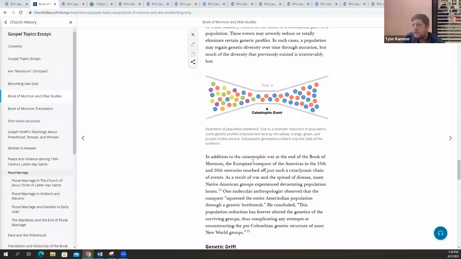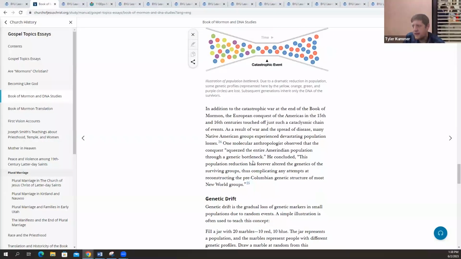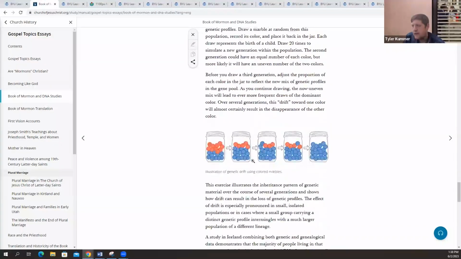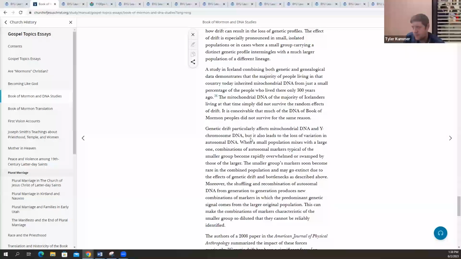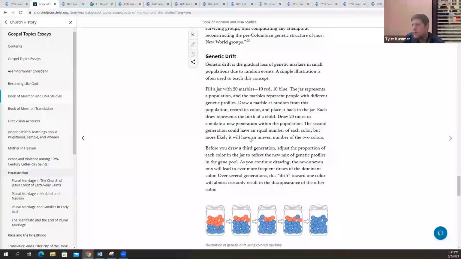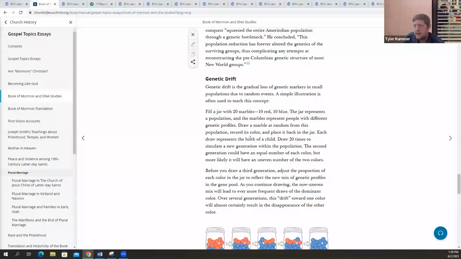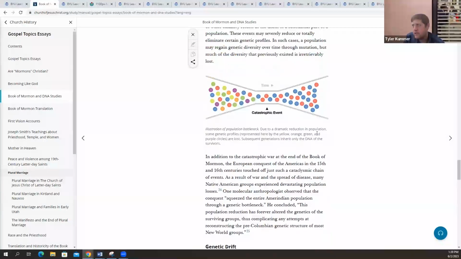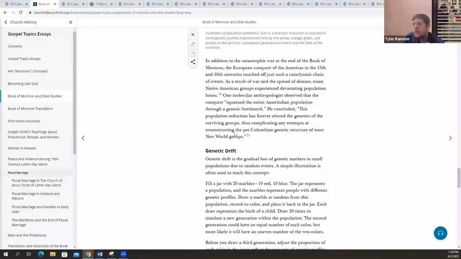And we have a genetic drift event there again, and he's going through and explaining these concepts to help us understand that the Book of Mormon account has both founder effect and population bottlenecks that would have resulted in genetic drift and changes in the population.